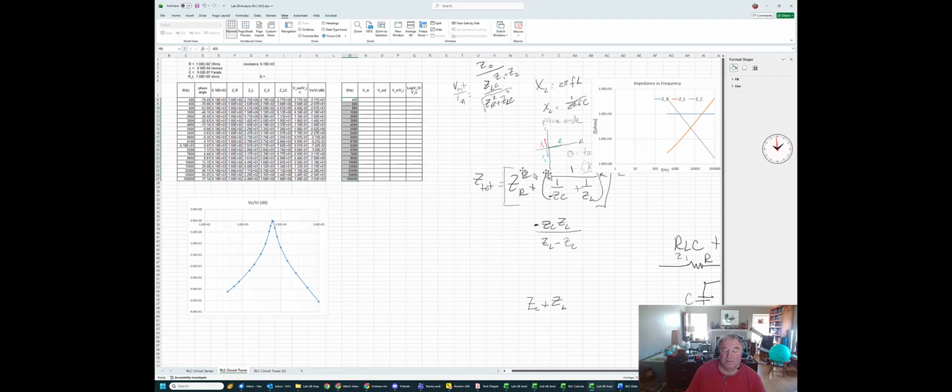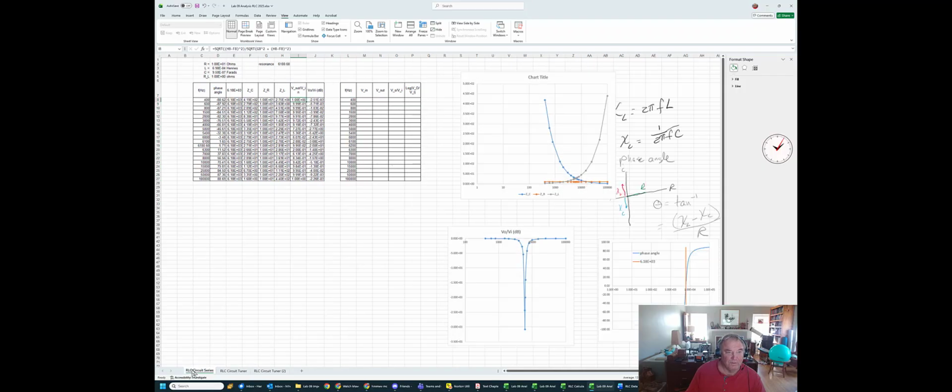Let's see here. I did it on here for previous background, but let's start with the series. And I've got the phase angle in there, but we'll ignore that for the time being. So there's some values here.